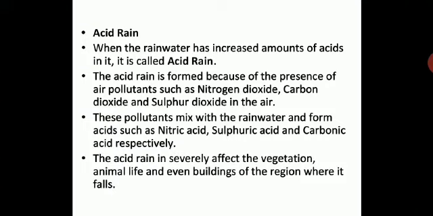Acid rain severely affects the vegetation, animal life, and even buildings of the region where it falls. So acid rain is very harmful. It spoils the vegetation, it spoils the crops, it affects animal life, and it corrodes the iron girders in buildings. That's why there is lots of monetary loss.